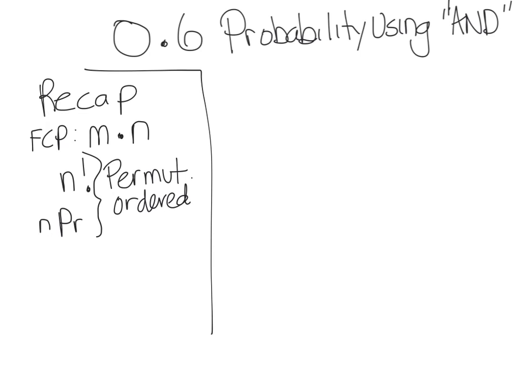And then if you didn't care what the order was, just how many ways could you put some people on a committee, for example, you did an nCr. Order didn't matter, and that was our combinations. That's what we used to pick two black cards, and we didn't care what order they were in.